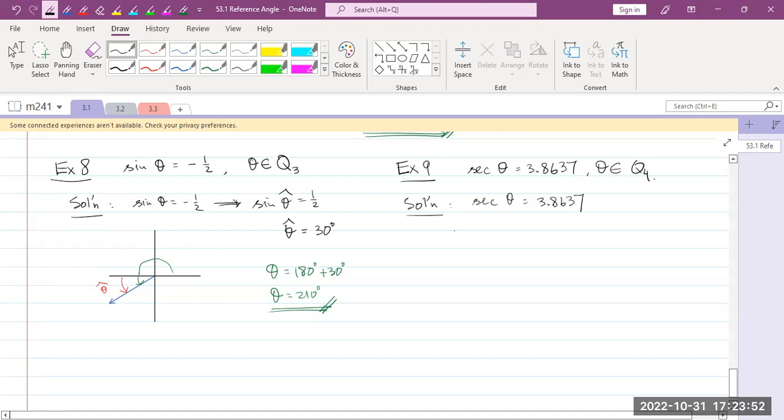That implies secant theta hat must be the positive number of that value. But that value is already positive, so we just keep it that way. Now then, from here, we take a look at the reciprocal. So secant theta is the reciprocal of cosine theta, right? So we do the reciprocal here.